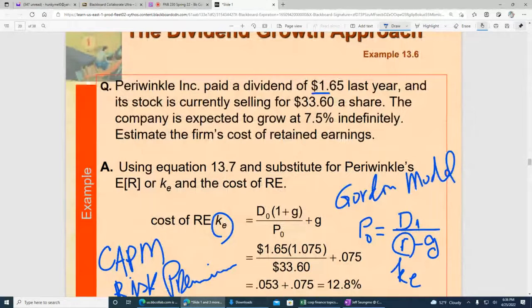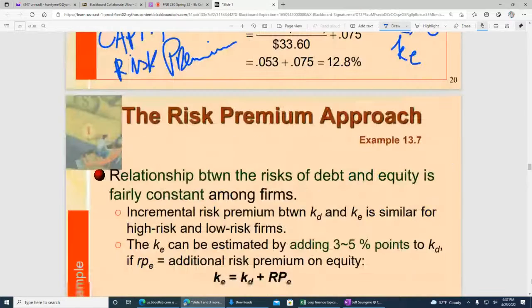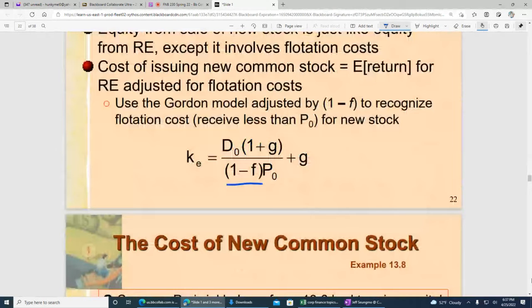It paid a dividend of $1.65. So this is the dividend at time 0. Currently, the stock price is P0. Growth rate, 7.5. This was all given. So all we need to do is plug in those numbers.